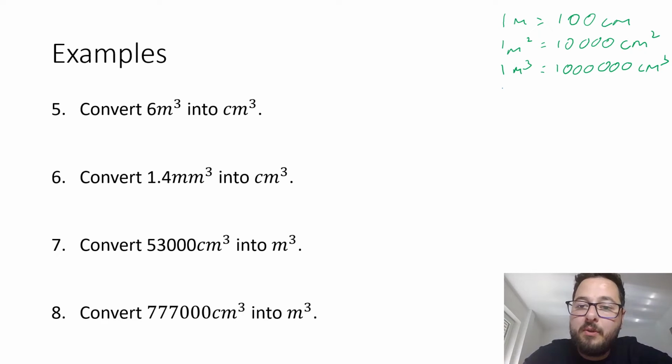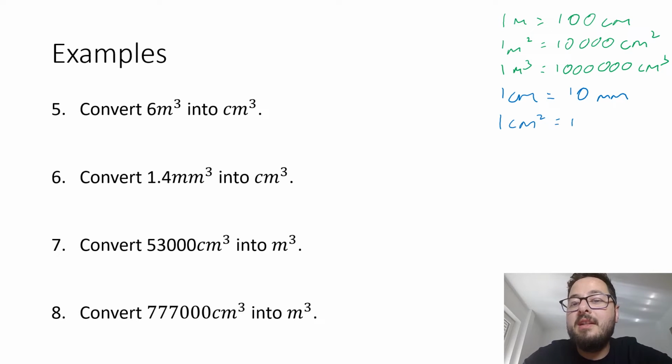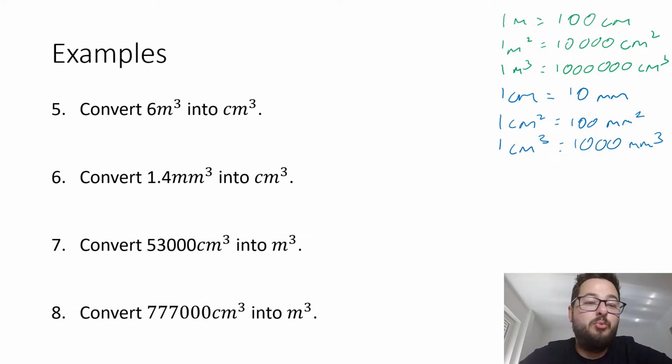And then we also had that 1 centimeter is 10 millimeters. 1 centimeter squared is 100 millimeters squared, and 1 centimeter cubed, well, we want to times this by 10 again. Cube 10, we're going to get 1,000 millimeters cubed.